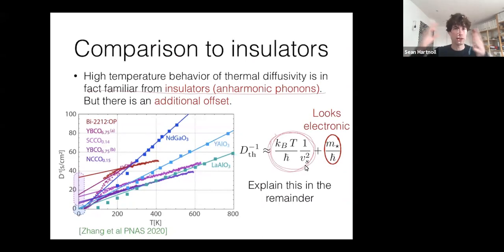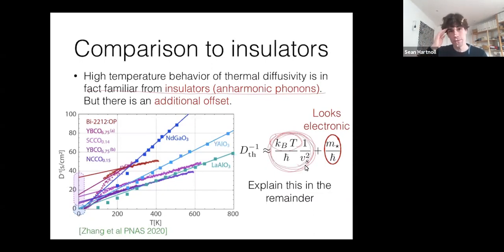The phonons can also scatter off each other, and this T-linear thermal resistivity is basically the same as the T-linear electrical resistivity of copper. There it was electrons moving and colliding with vibrating phonons, but when phonons move, they also collide with vibrating phonons, and this equipartition argument goes the same way. So this term looked a lot like an insulator.